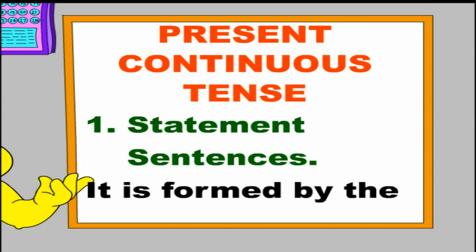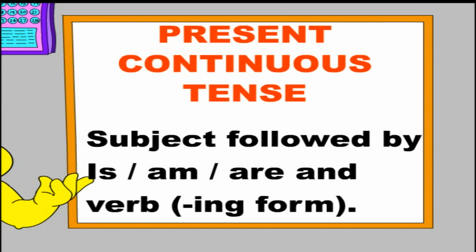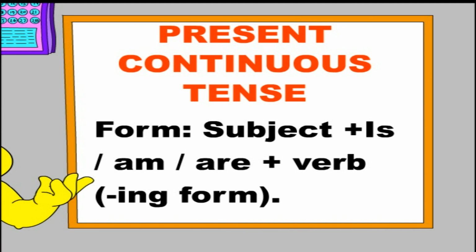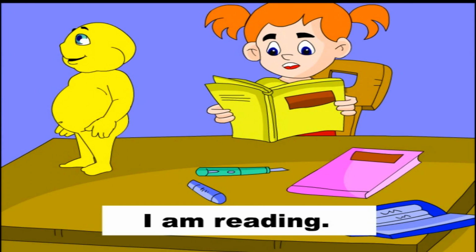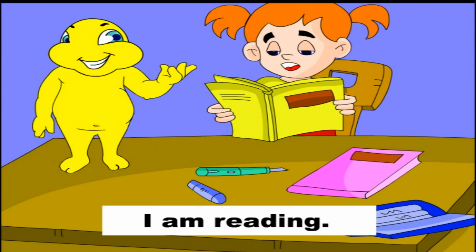1. Statement sentences. It is formed by the subject followed by is, am, are and the verb ing form. Form: subject plus is, am, are plus verb ing form. Examples: I am reading.